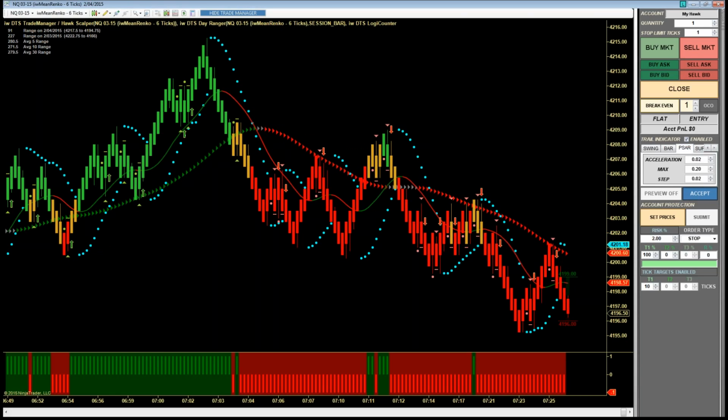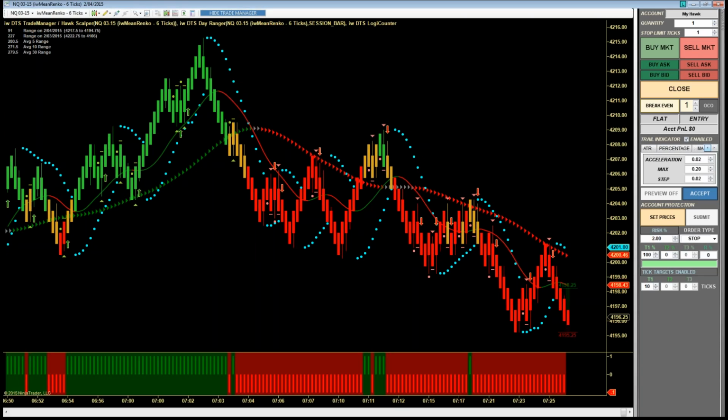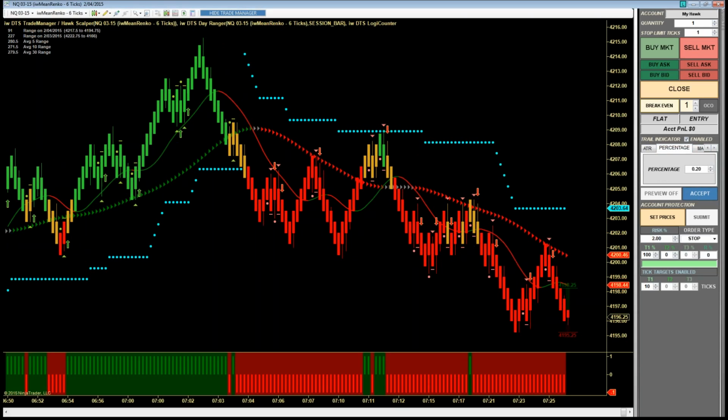And Trade Manager actually has 16 different stop strategies to choose from. So depending what the market environment is, you can adjust them accordingly. And each one is fully customizable. So whether you want it to be more aggressive or less aggressive, you can choose, like I say, from 16 different stop strategies, and you can adjust them to your liking.